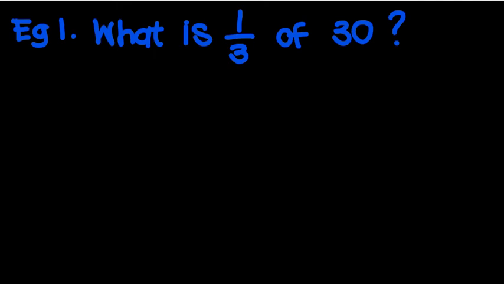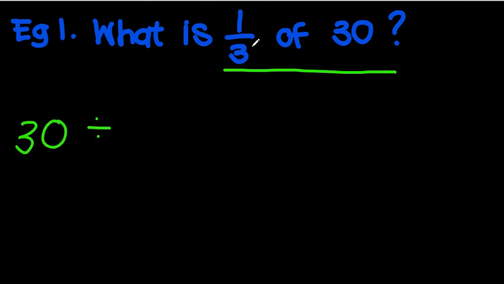But the other way, the really simple method of doing it, is essentially when they write it like this, it is just a mathematical way of writing 30 divided by the bottom number, so divided by that 3, and then multiplied by the top number, so that 1. Okay, and this is always the case. So whenever you have a fraction of amount like this, this is how we can rewrite it.